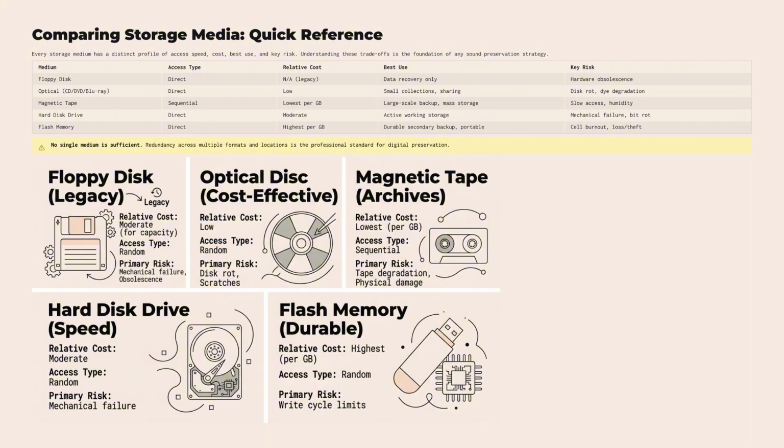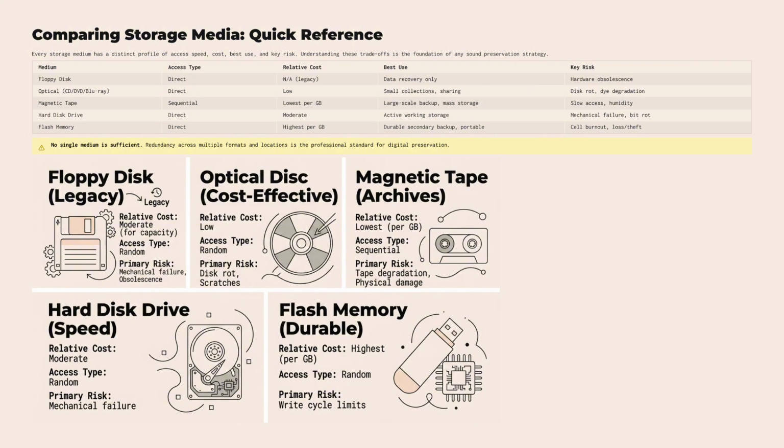Let me take a moment to pull these 5 media types into a comparative frame, because in practice, the question you will face is not which medium to use, it is how to combine them. Floppy disks and optical media are legacy formats that you will encounter in existing collections and need to be able to work with, but you would not choose them for new storage today. Magnetic tape is the clear choice for large-scale mass storage, where cost per gigabyte is the dominant concern and fast access is not required.